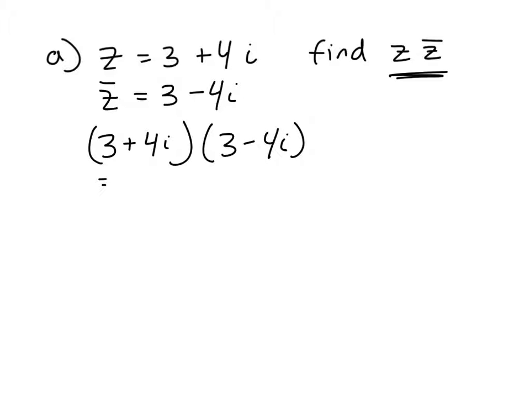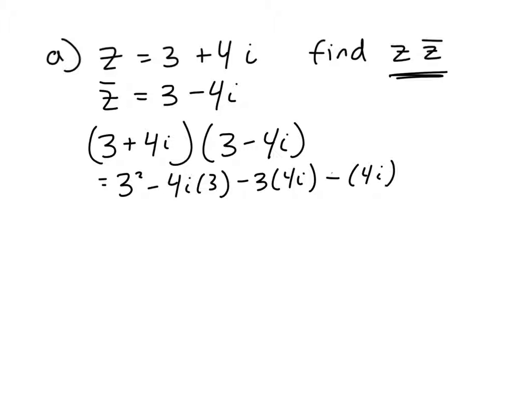So let's go ahead and FOIL. So I'll have 3 squared minus 4i times 3, minus 3 times 4i. And then the last, which is minus, because I'm taking 4i times negative 4i, so that'd be minus the 4i squared.